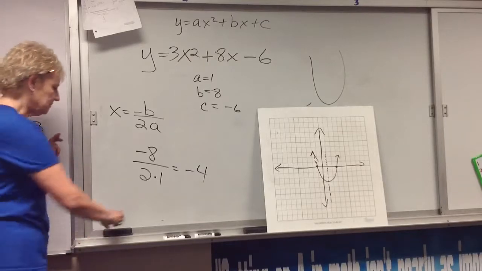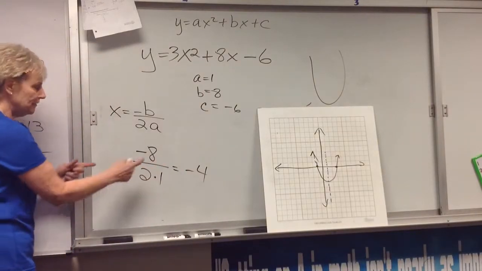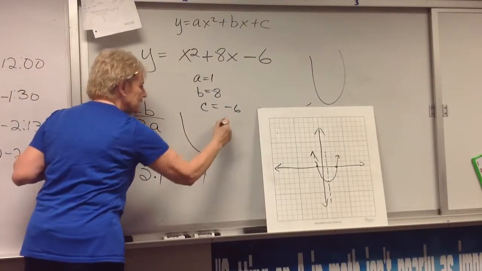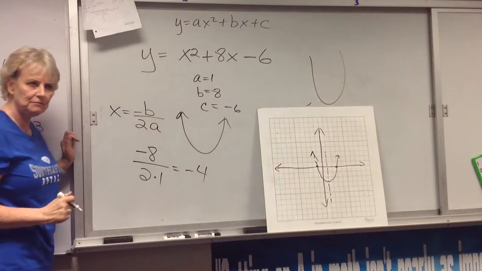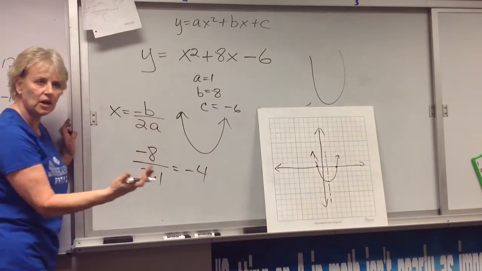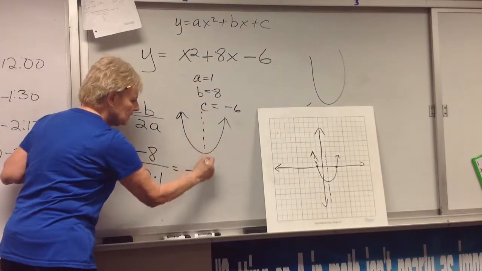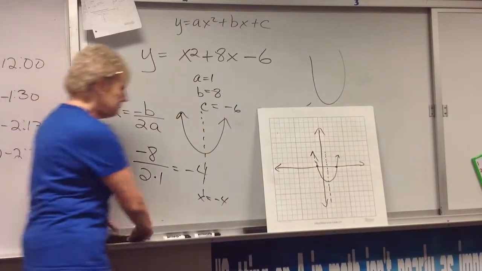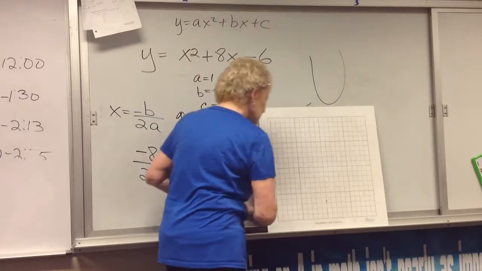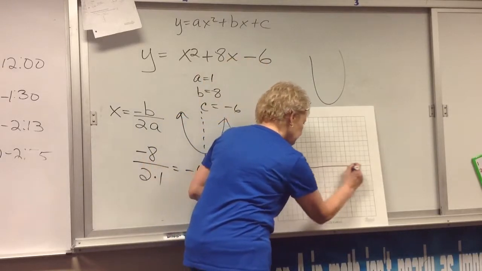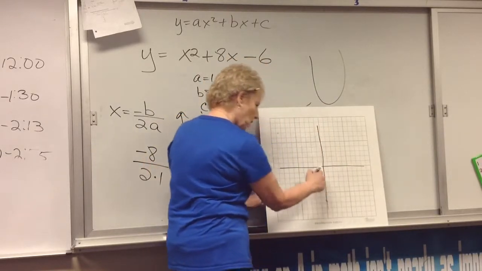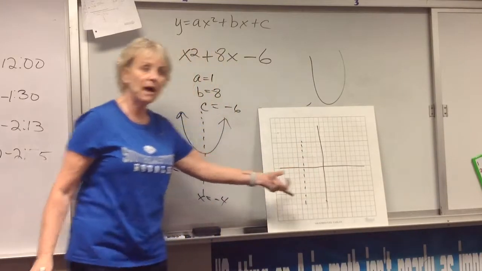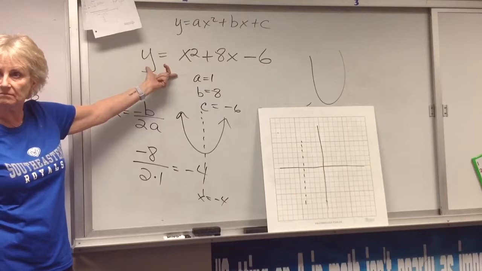Okay. All right, so now we know, let's take that out of there. We have a parabola, it goes up, because that's positive, and somewhere on a coordinate plane, it goes through -4. Okay? So somewhere on here, 1, 2, 3, 4. That's the middle of my parabola of this equation.